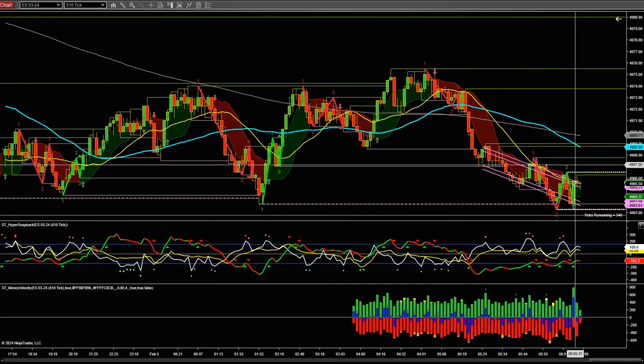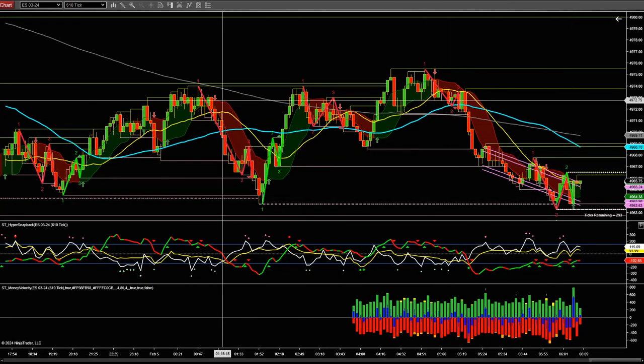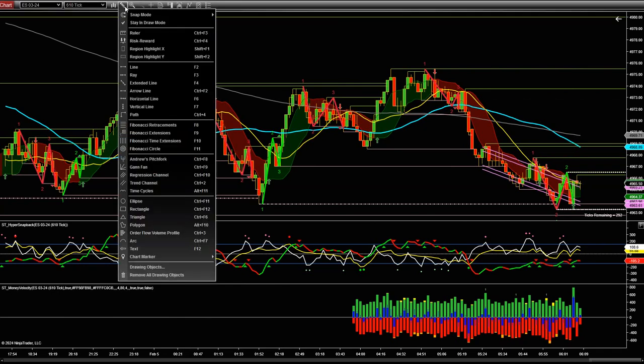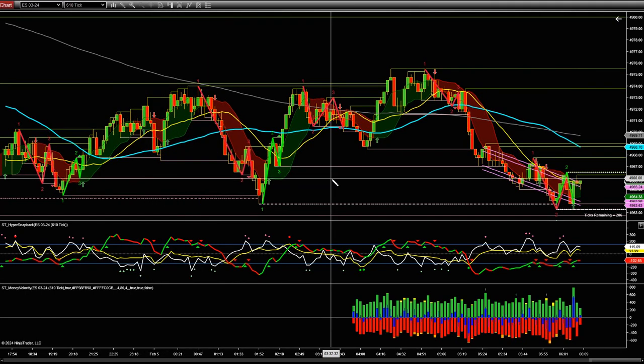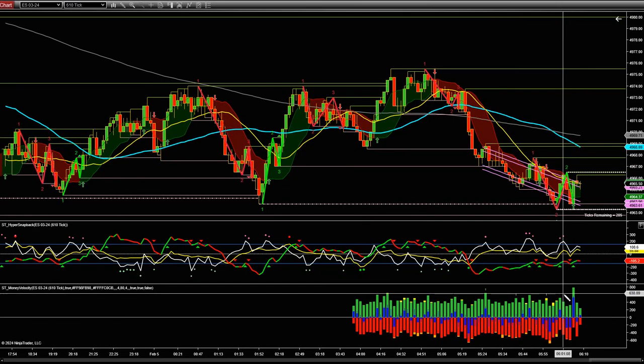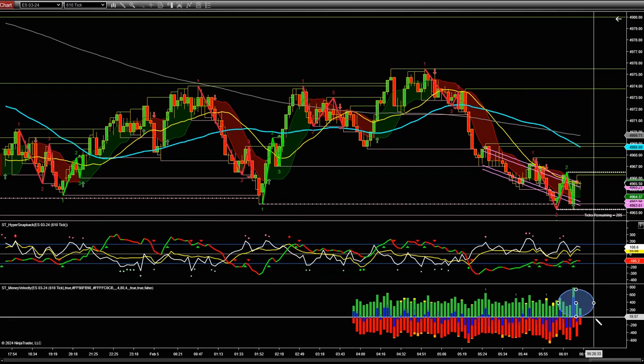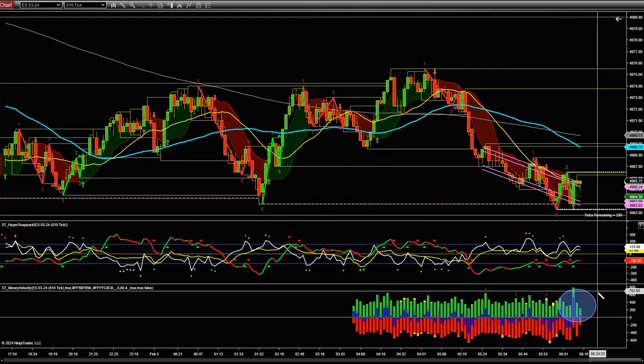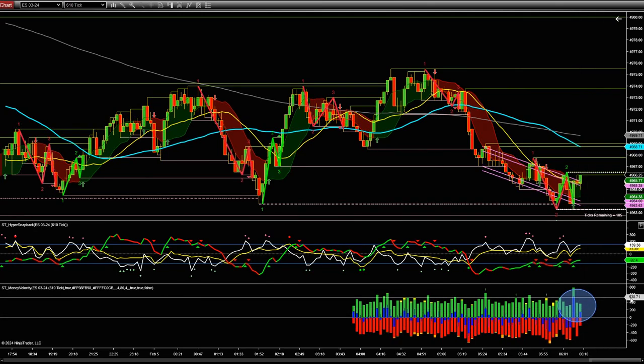Let's look at our momentum study, which gives real-time money being entered into the trade or entered into the actual market, and that's the money velocity, which I just highlighted here.